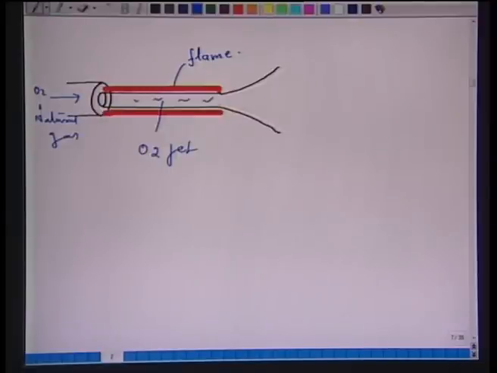So, if I say somewhere here is the end of potential core, this will be your supersonic core length beyond potential core. So, the total length of the supersonic core is potential core plus supersonic core beyond it.